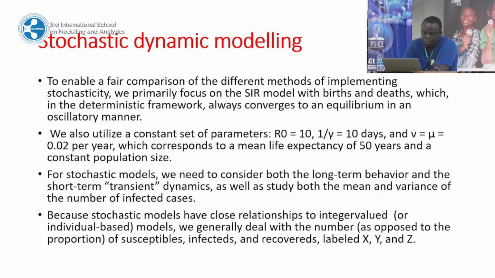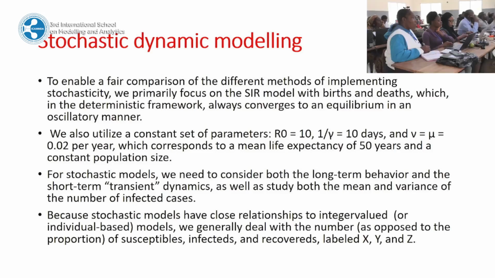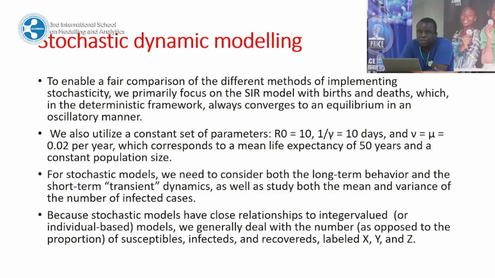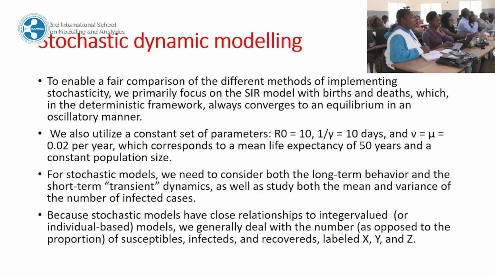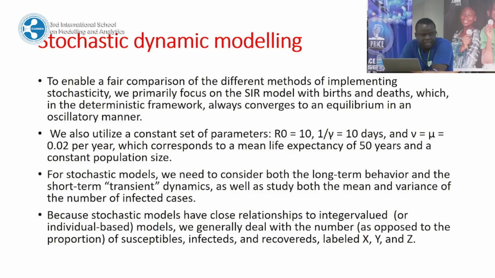Now, to enable a fair comparison of the different methods of implementing stochasticity, we primarily focus on the SIR model, and then we build some complexity into SEIR. The model with births and deaths, in a deterministic framework, always converges to an equilibrium in an oscillatory pattern.